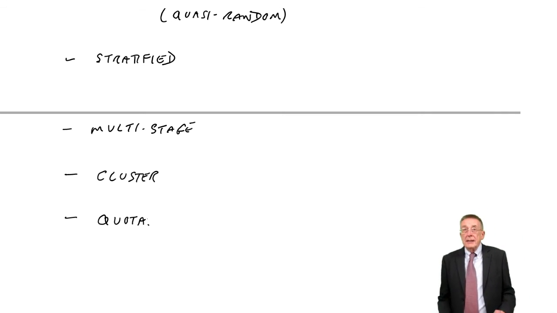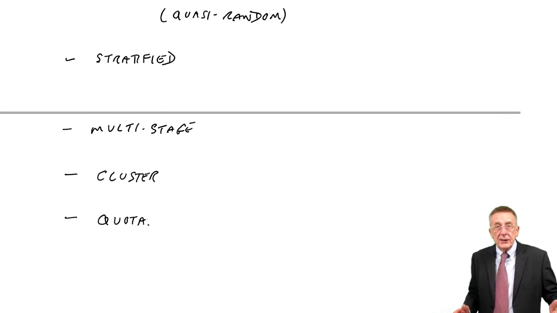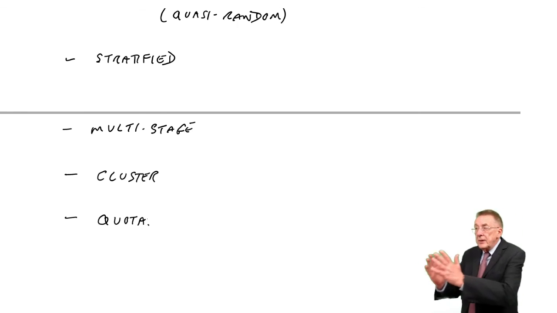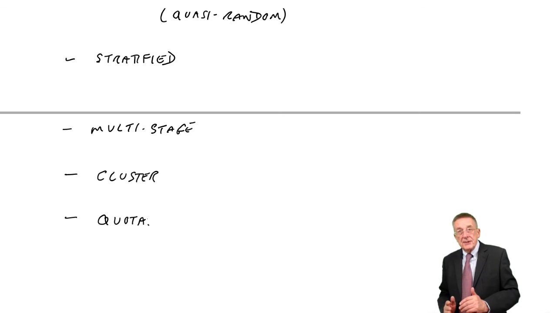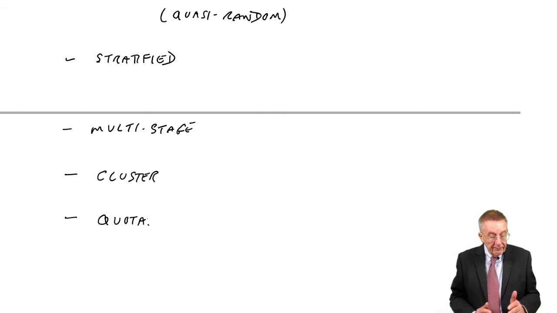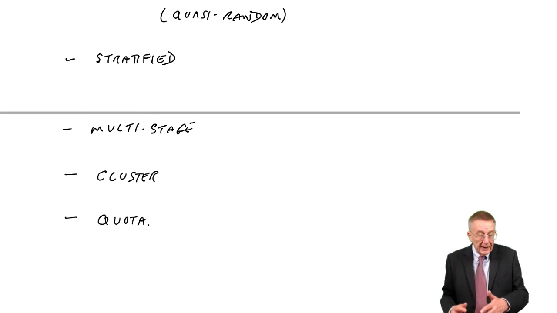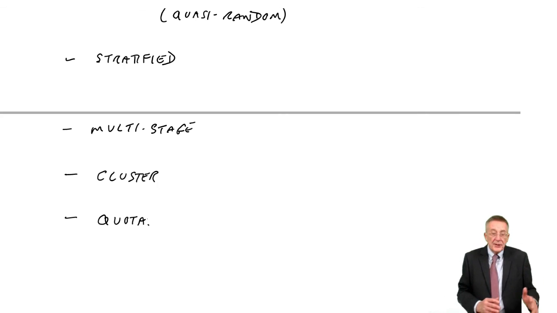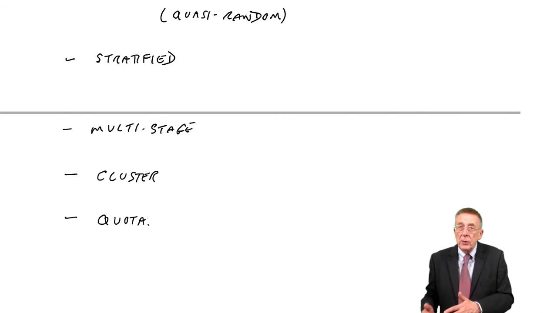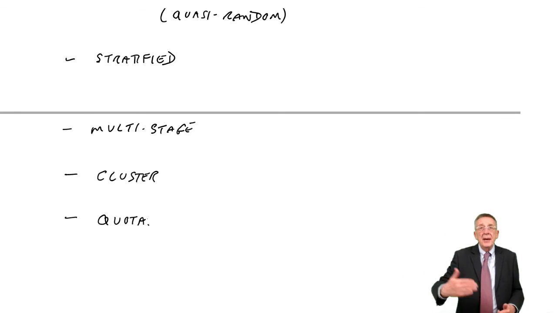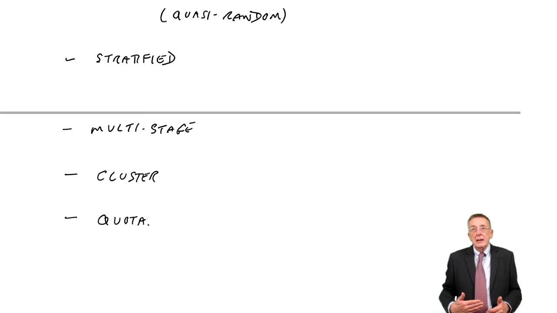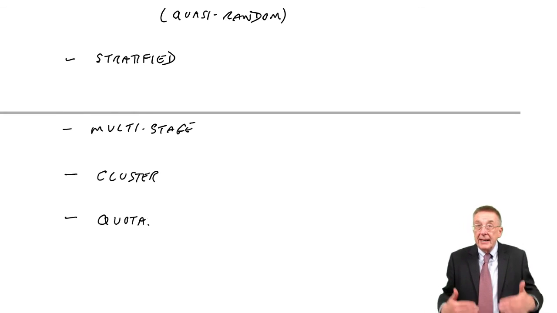But the way we get it, and this is typical for things like forecasting elections, we just stop everybody who comes past us and tick off their response, and whether they're a man or a woman. And as soon as we've hit 120 women, we don't ask any more women, or as soon as we hit 80 men, we don't ask any more men. So it's not random at all. We're just stopping people as they come past. But we already know how many of each group we want to ask.